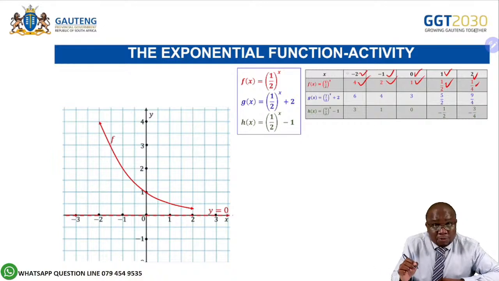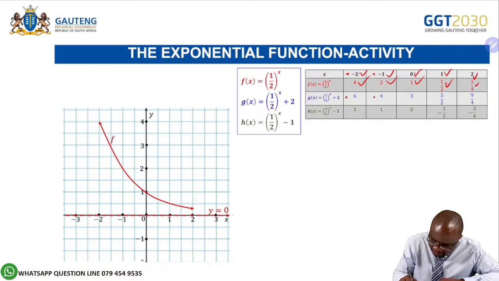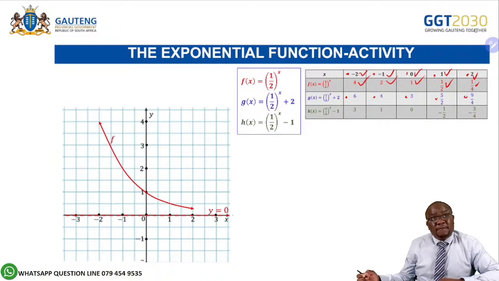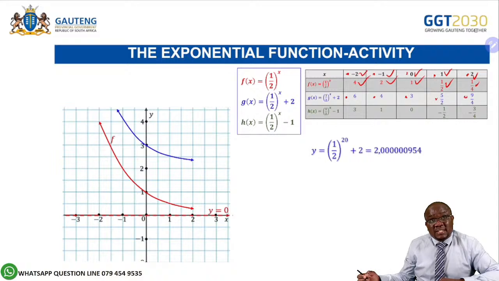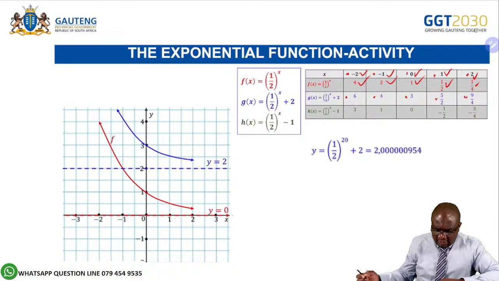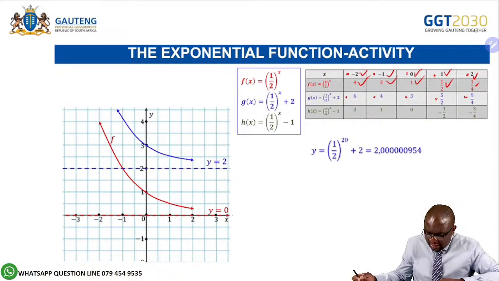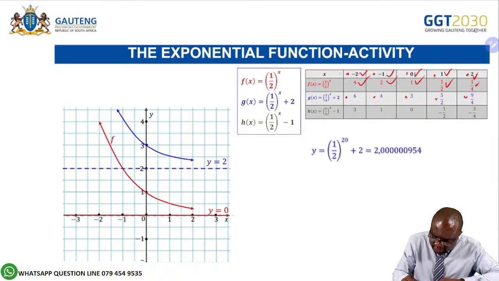Okay, right, just wait, and then I'm going to sketch for you. Now, g, I'm going to give you time to sketch. For g, we're picking these points for x and y. If you sketch, g of x is going to be like this. And if you check, the line is approaching 2 there, it means our asymptote is y is equal to 2. You see that? Okay, right. And then h of x, we're picking this one and this one, this one and this one.